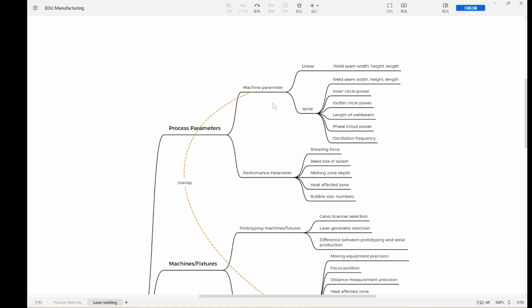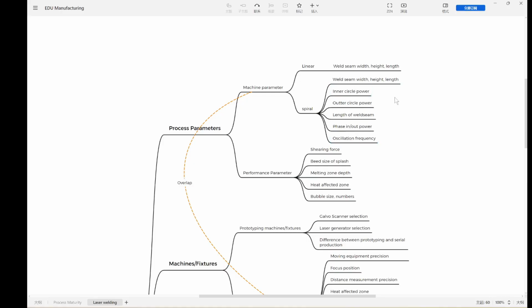First, the machine parameter. You need to know what kind of welding seam you need to do. Is it linear or spiral? Or you can do both. If it's linear, you only need to take care of the weld beam width, height, length, and so on, and probably the depth. If it's spiral, then it is much more complicated.